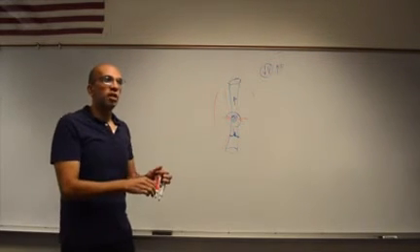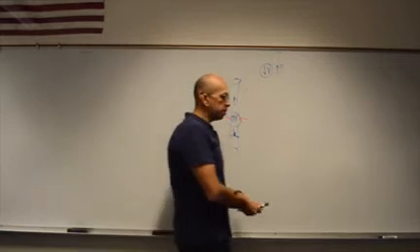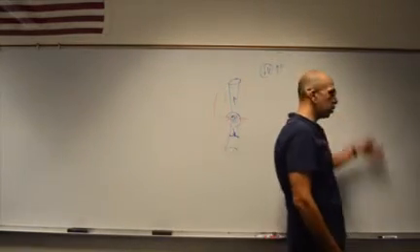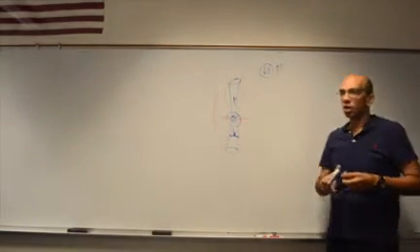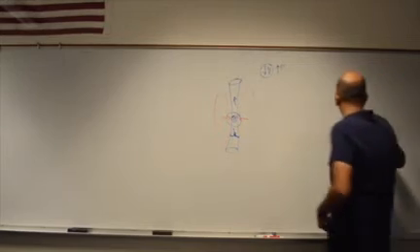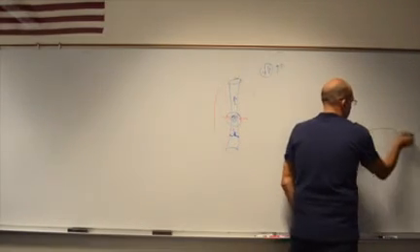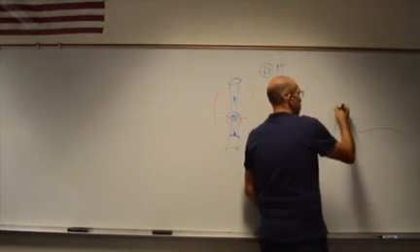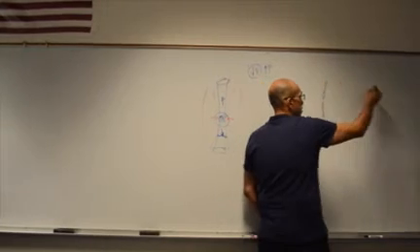Another pump that I have is the respiratory pump. So if I have a coronal section, a frontal section of the chest, this is how it looks. You have a diaphragm here, and your ribs like this.